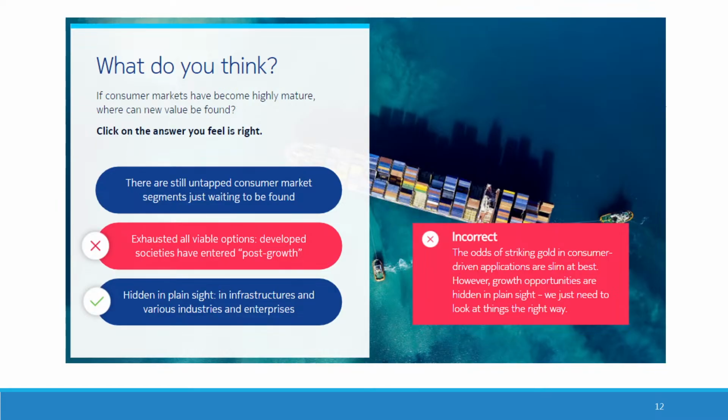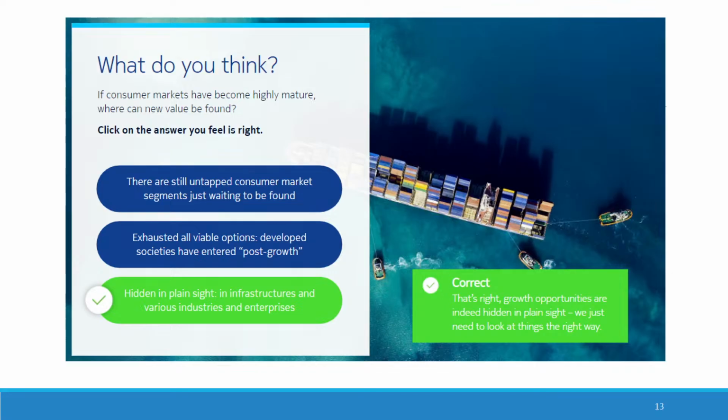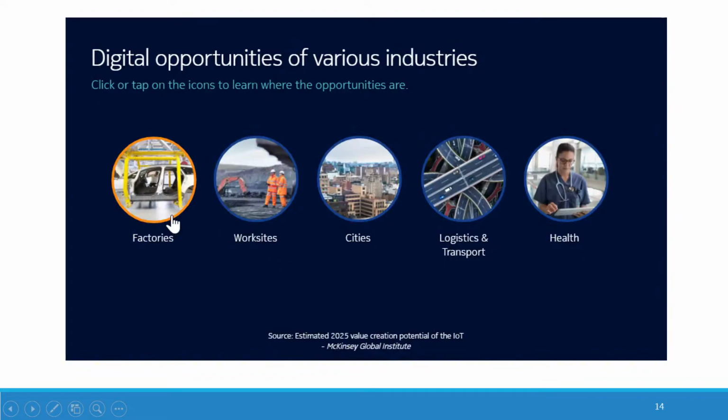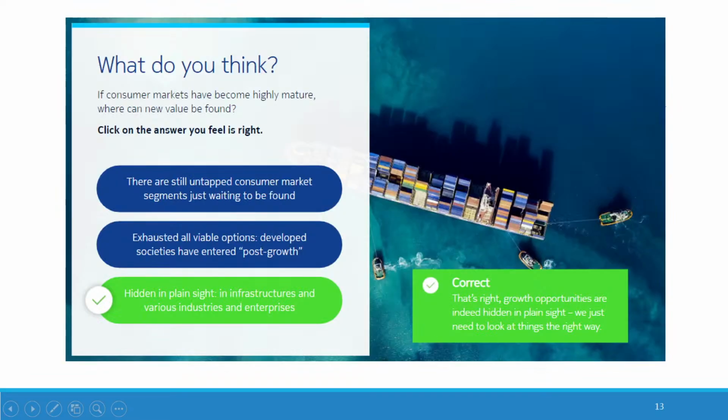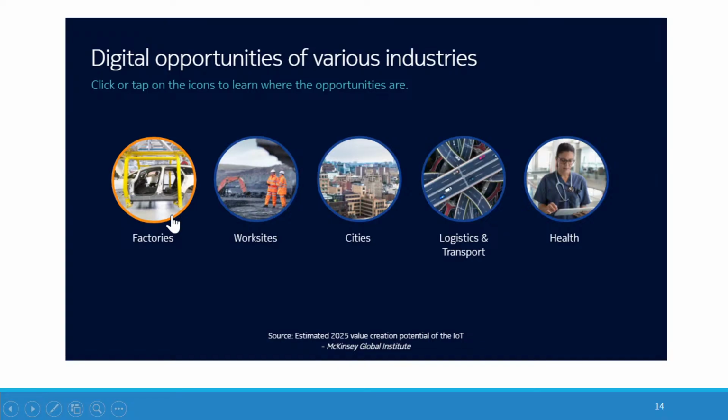The odds of shrinking growth in consumer-driven applications are slim at best. And the last one is not clear, but it's correct. That's right. Growth opportunities are indeed hidden in plain sight. We just need to look at things the right way.